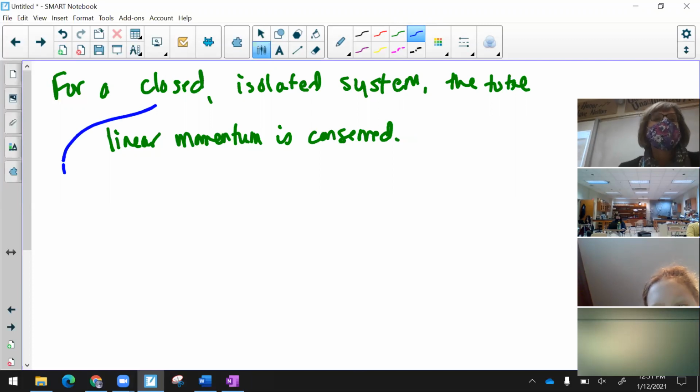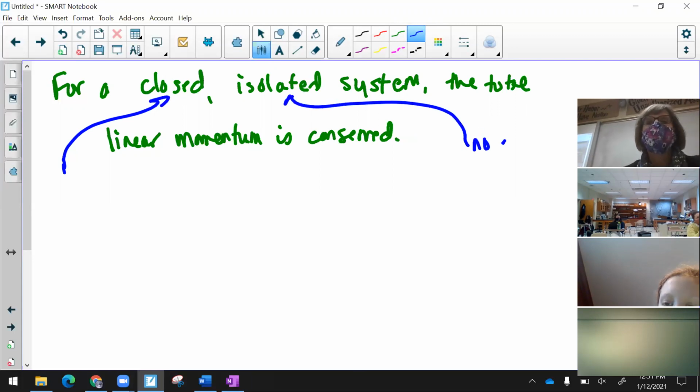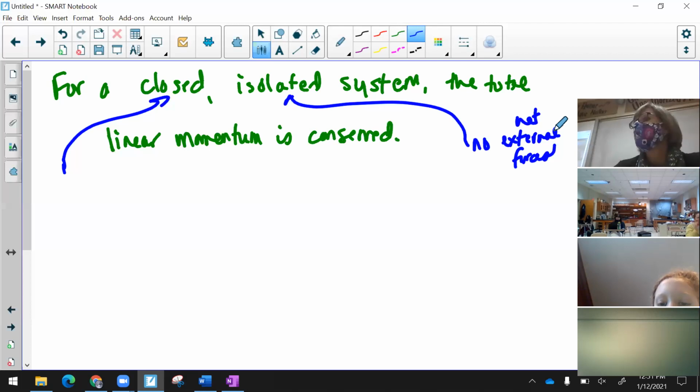So what does closed mean? Dagny. No external forces. Nope, that is what isolated means. Isolated actually means no net external forces. What does closed mean? Annabelle? Like in a closed system, energy can't leave.